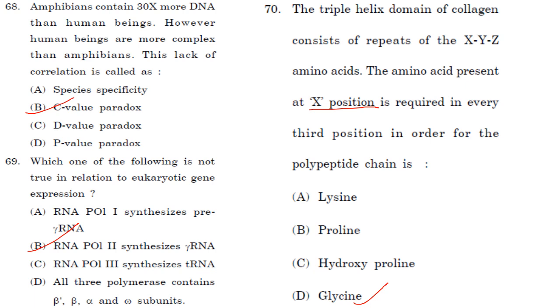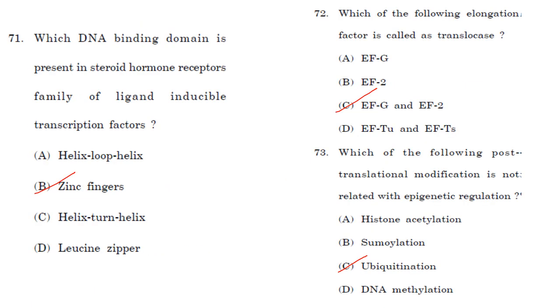It is glycine which is occupying the position X, whereas Y and Z can be proline or hydroxyproline. Then next one. Which DNA binding domain is present in the steroid hormone receptor family of ligand-inducible transcription factors? It is zinc fingers. Answer is option B.